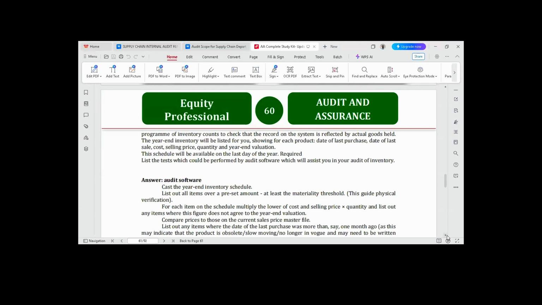Remember when we talked about materiality, right? Then the next thing, for each item on the schedule, multiply the lower of cost and selling price by quantity and list out any item where the figures do not agree to the year-end valuation. Okay? Then you compare prices to those on the current sales price master file.